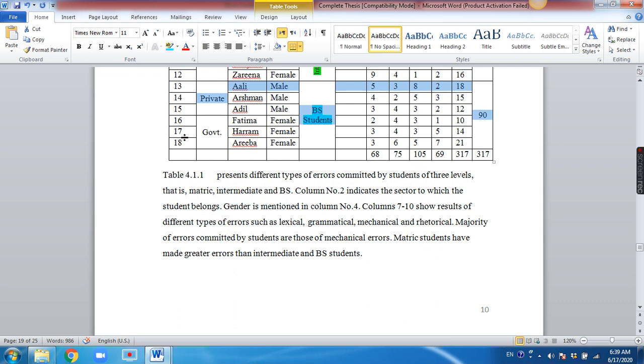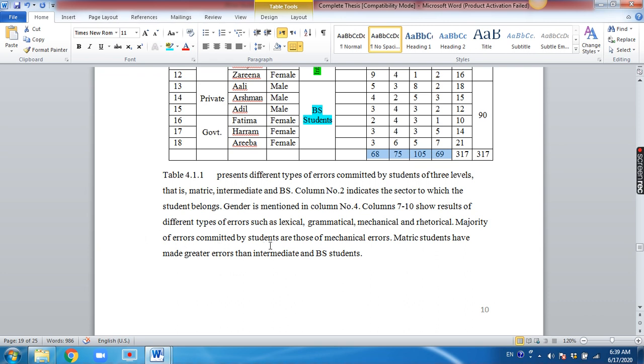Column number 2, I am highlighting this column, indicates the sector to which the student belongs. Gender is mentioned in column number 4. And columns 7 to 10, these 4 columns, show results of different types of errors such as lexical, grammatical, mechanical and rhetorical.